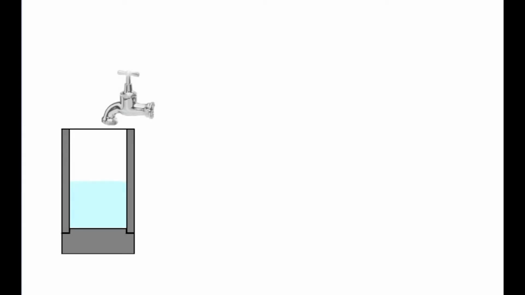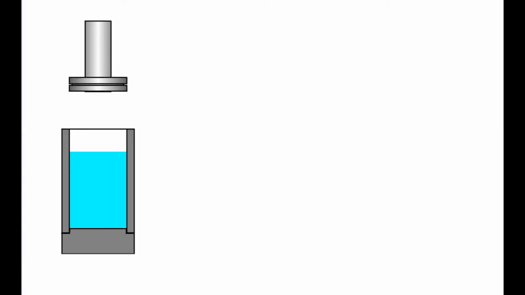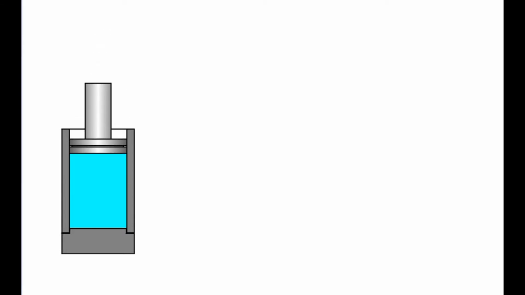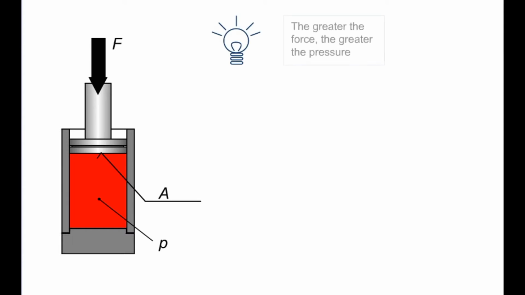Let us consider a container filled with a liquid. We now close the container with an appropriately sized piston. If we now apply a force, by means of the piston, to the liquid enclosed in the container, hydrostatic pressure is created. Pressure is an important variable when describing operations with liquids.